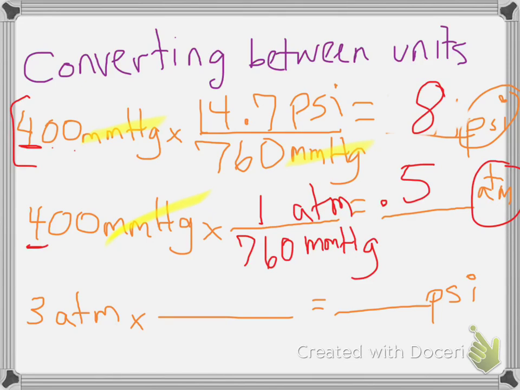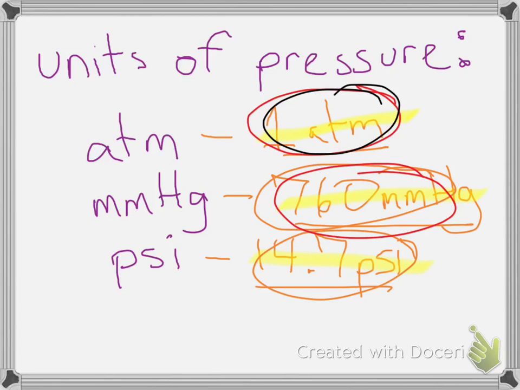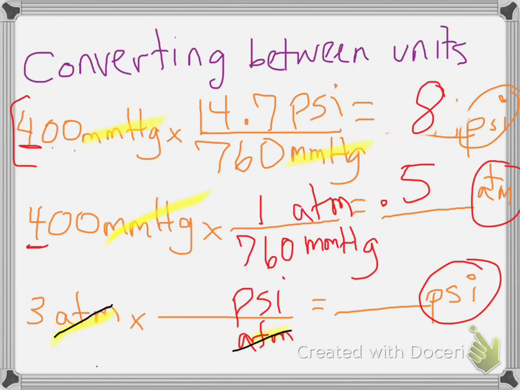Okay, so now we're starting with ATM. So in my denominator, I'm going to also need ATM, so those units can cancel. And I am converting into PSI, so in my numerator, I'll have PSI. So again, I just really want you to make sure that whatever you start with needs to go on bottom, so those units cancel. Now when we look at ATM and PSI, I know that 1 ATM is equal to 14.7 PSI.